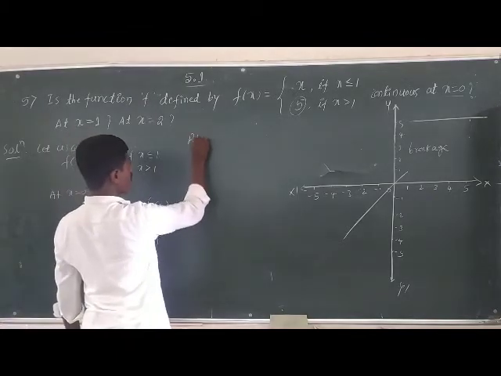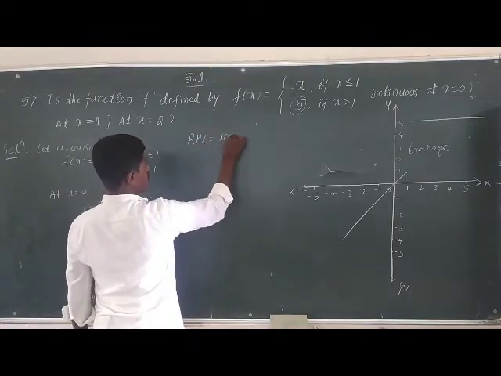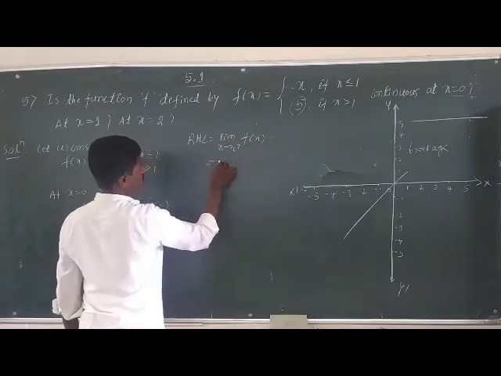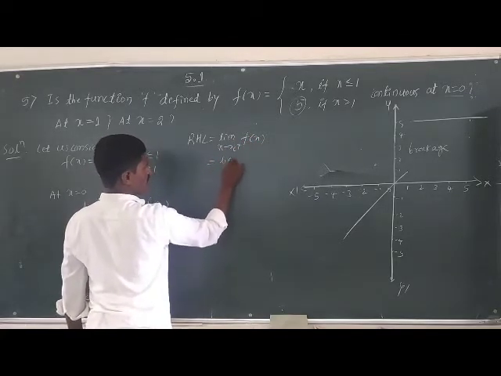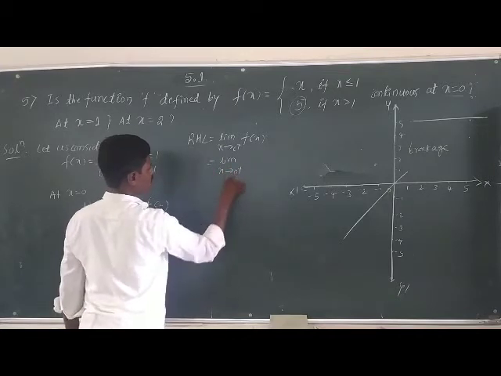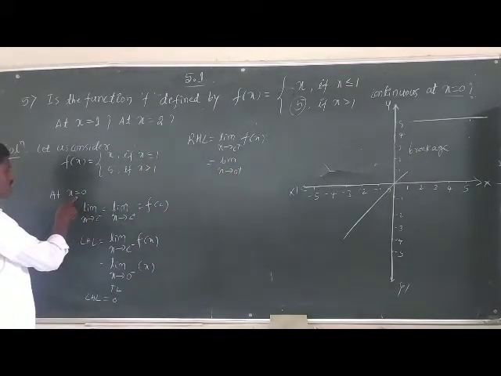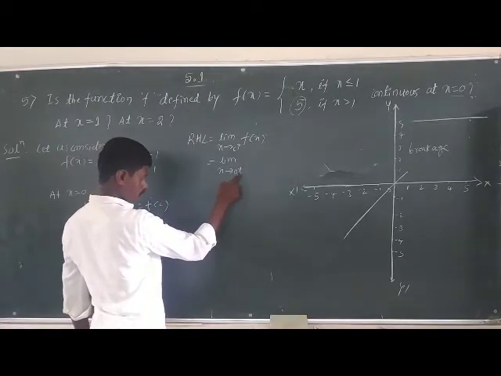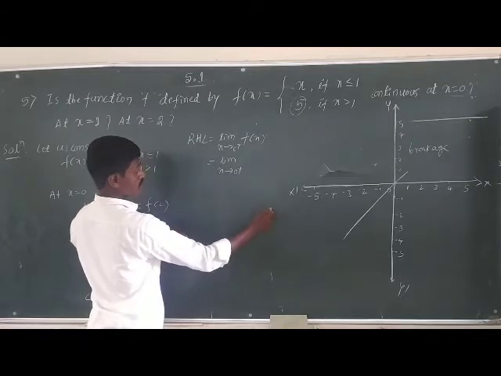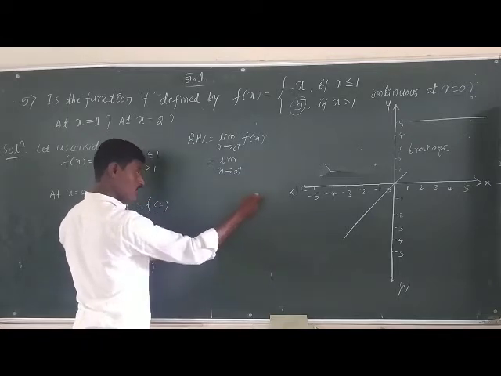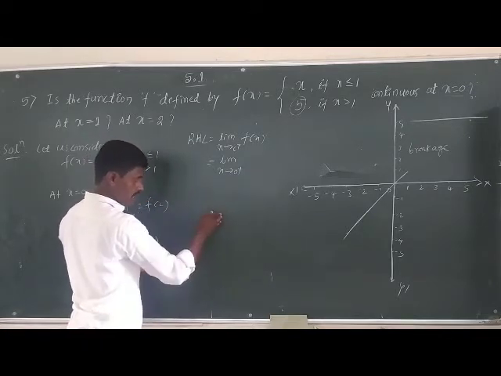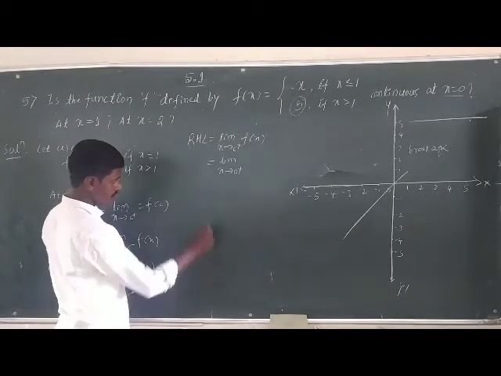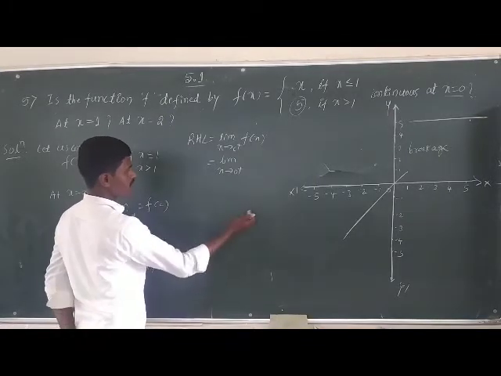Similarly, RHL is the limit as x tends to c plus of f of x. So this is the limit as x tends to 0 plus, because we are checking the continuity exactly at x equals 0. The plus means moving from the right towards the limit; the negative sign indicates from the left towards the limit, as you studied on the first page.